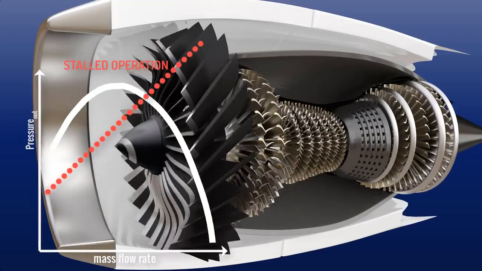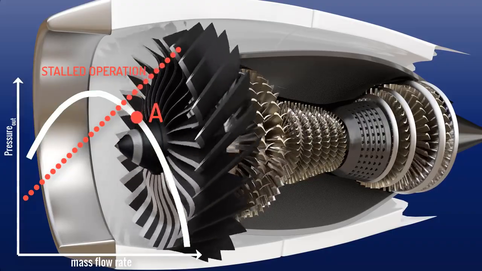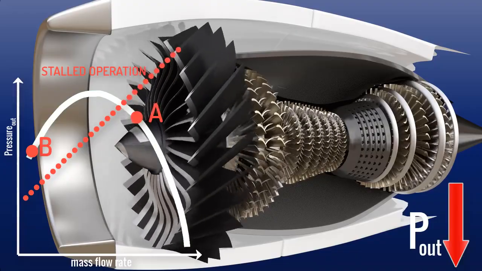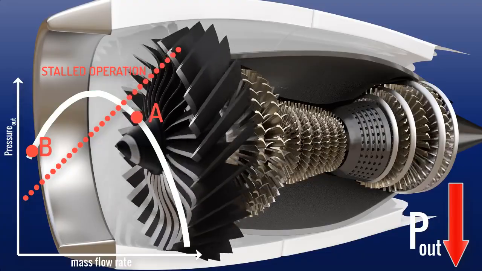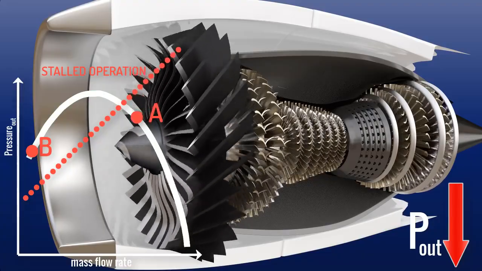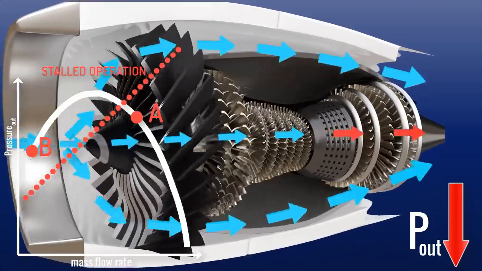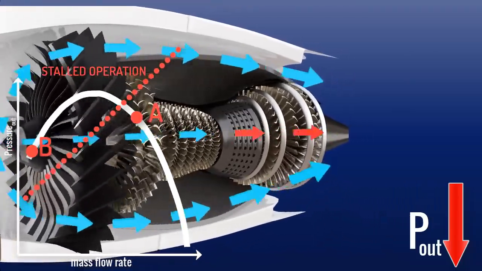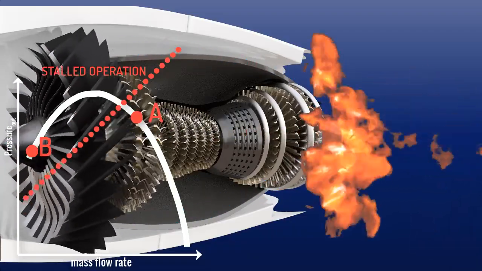Assume the initial compressor operating point is A, and due to the compressor stall, the point moves to B. Here, the pressure at the compressor outlet drops drastically, and there is a huge drop in airflow. The air available is insufficient, and therefore only a portion of the fuel gets burnt. The very hot, unburnt fuel, which escapes through the back of the combustion chamber, will meet the oxygen-rich bypassed air, and there will be sudden combustion.